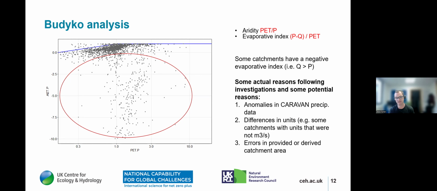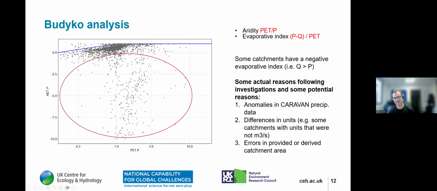So there were some reasons we thought. We were able to look at these listed stations and investigate them and fix them, particularly where there were errors in units, or we could check the catchment area was sensible, things like that. So that was done, and the data updated where necessary.